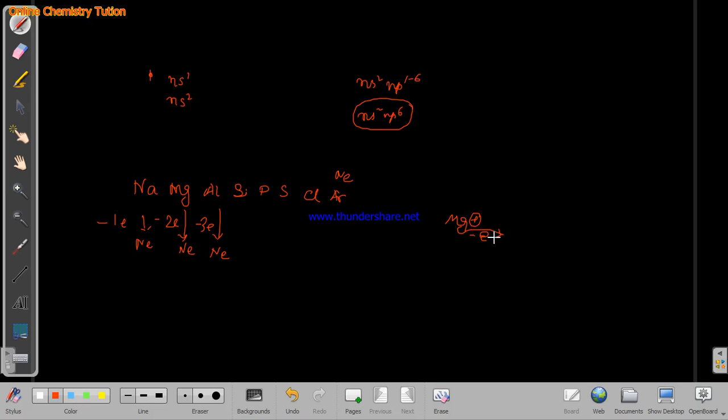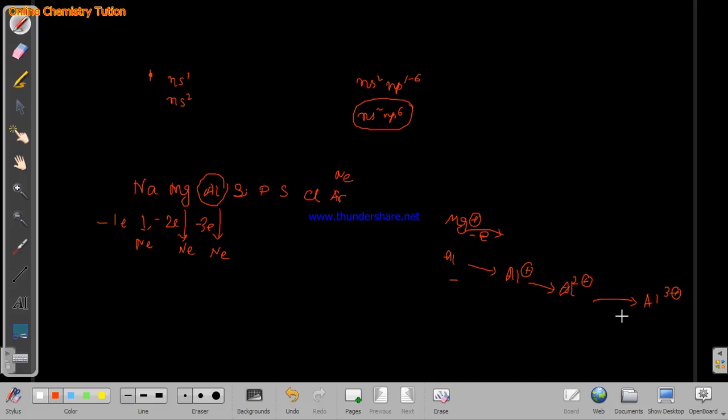But due to formation of the neon electronic configuration, these two electrons are lost. For aluminium, this process is far more difficult. Aluminium to Al+, and after forming Al+, it loses an electron in a far more difficult way, and from Al2+ it will lose another to give Al3+. So this is a far more difficult process.